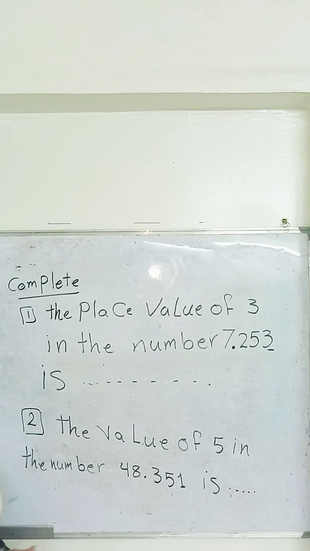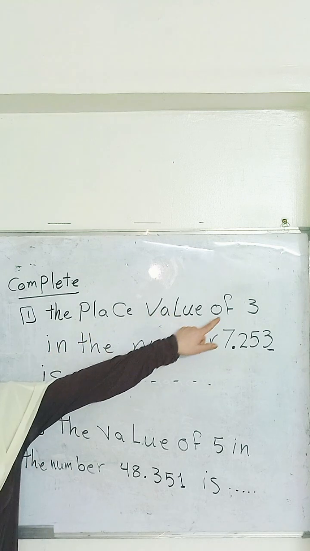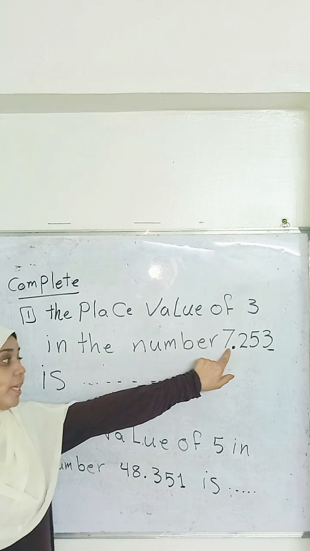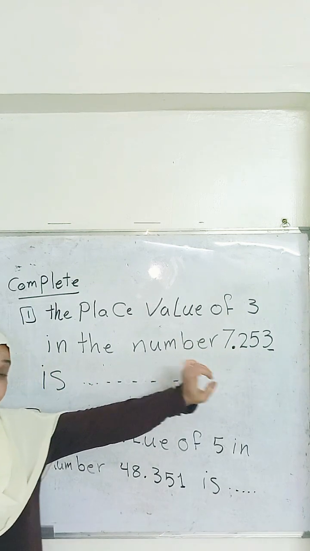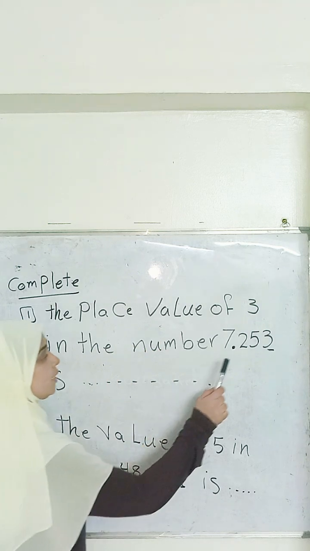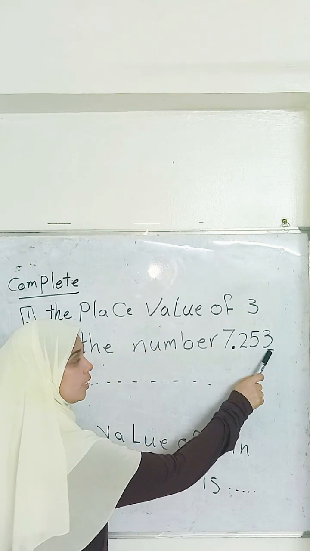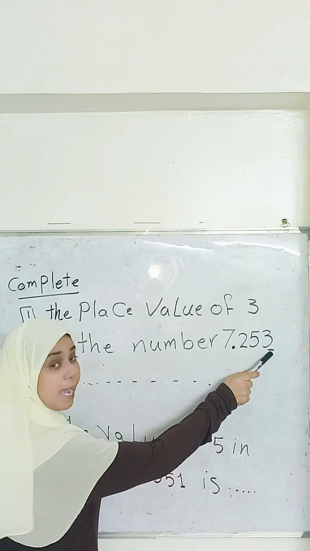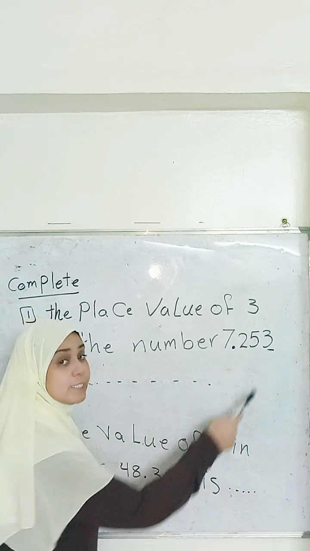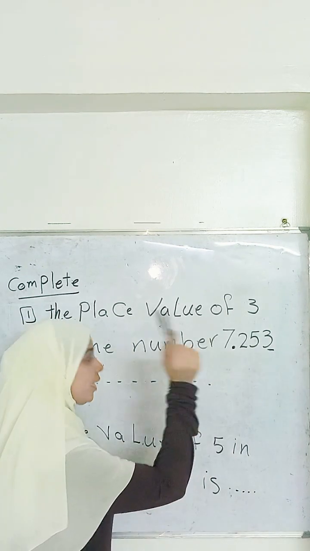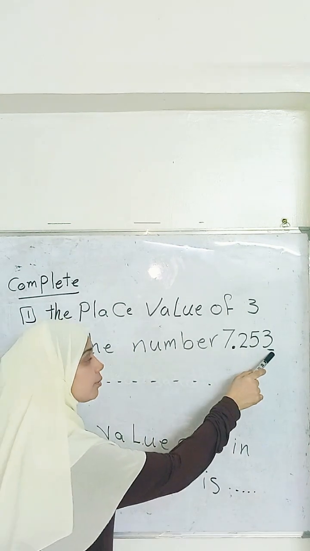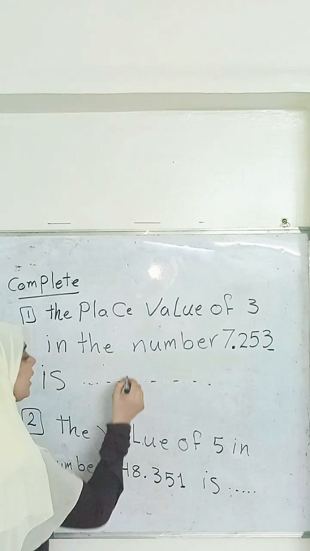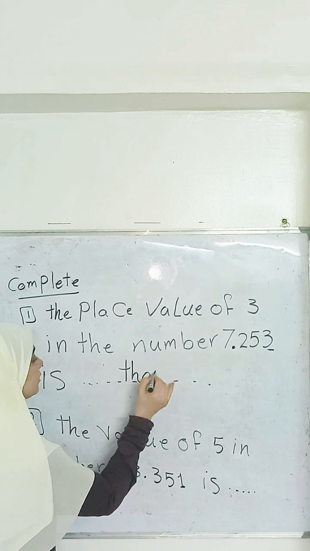Complete. What is the place value of 3 in this number? Okay, let's count. 1, 2, 3. First, second, third. The third house after the point is thousandths.